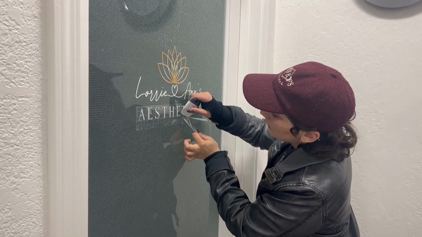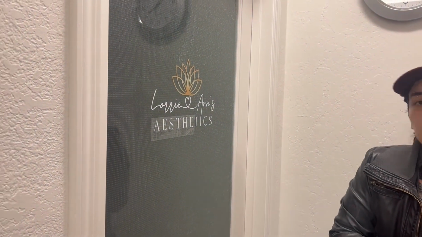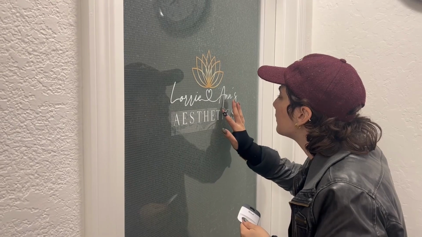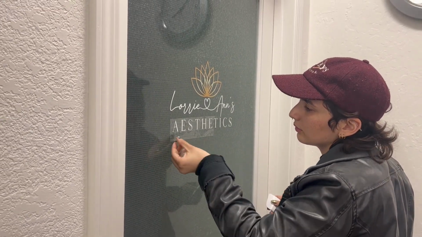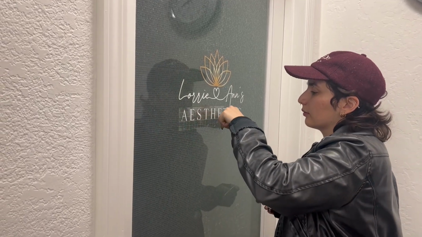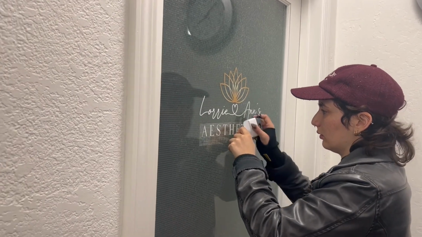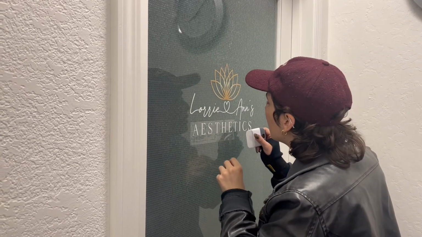It took quite a while because it is so delicate, and it's a design that was custom made. We did not have a vectorized file, so we had to recreate it and create a vectorized file for this organization, which is called Lorrie Ann's Aesthetics.